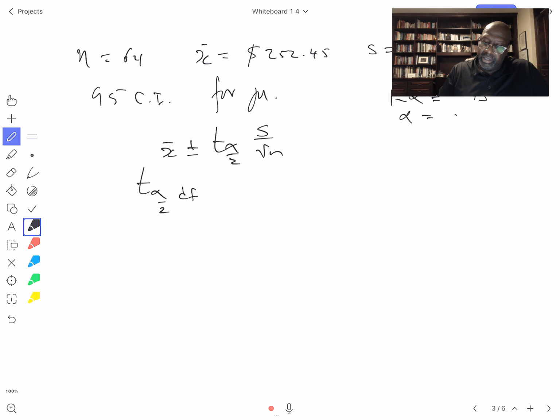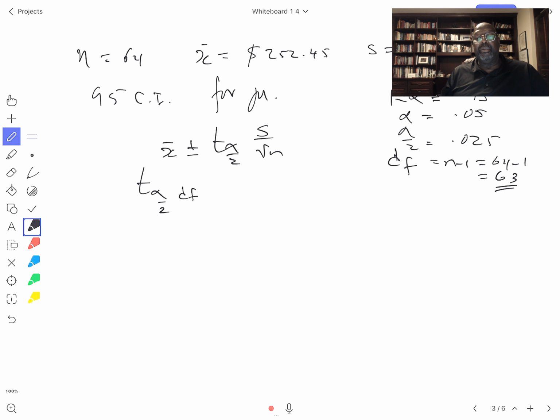Therefore, alpha is 0.05. Alpha over 2 is 0.025. The degrees of freedom is the sample size minus 1, which is 64 minus 1, or 63. So essentially, we are looking for a t-value with the area in the tail as 0.025 and 63 degrees of freedom. Let's see if we can find that.